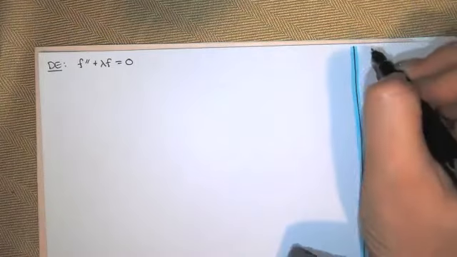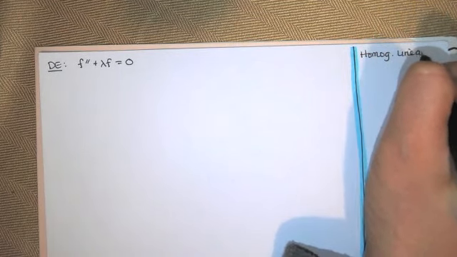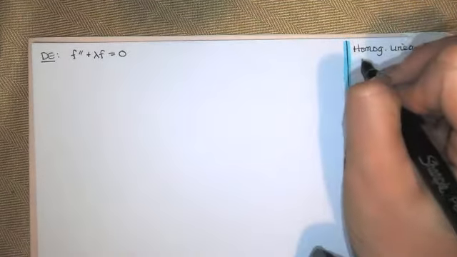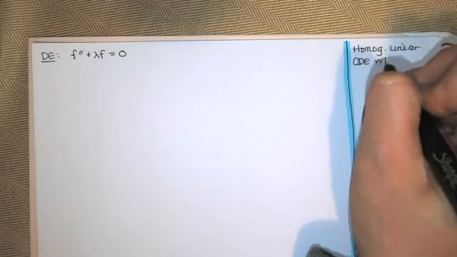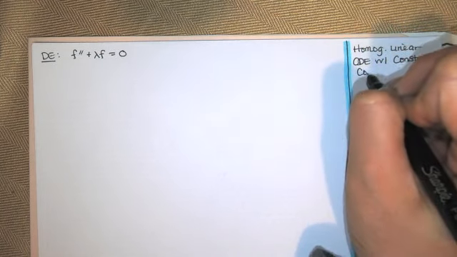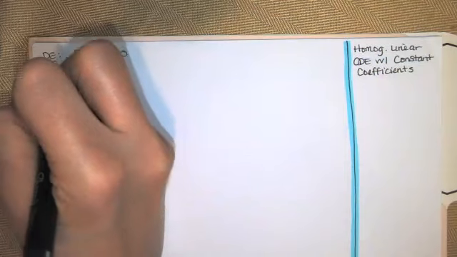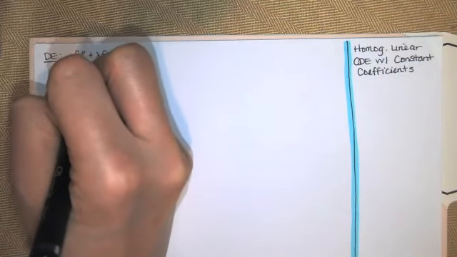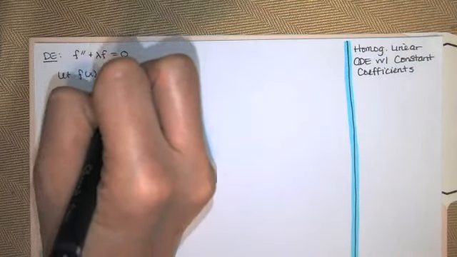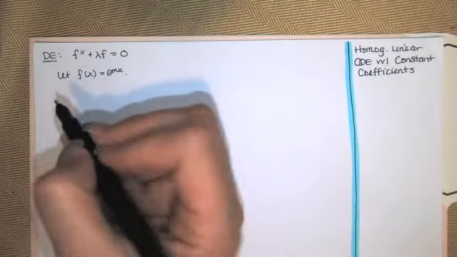Since it is a homogeneous, linear, ordinary differential equation with constant coefficients, we can start by letting f of x equal e to the mx and find the values of m that cause this function to satisfy that differential equation.